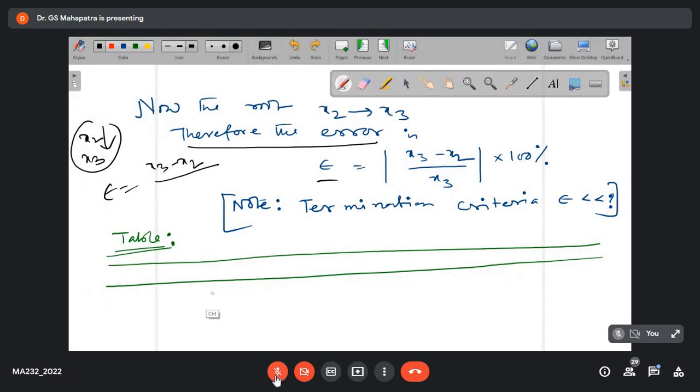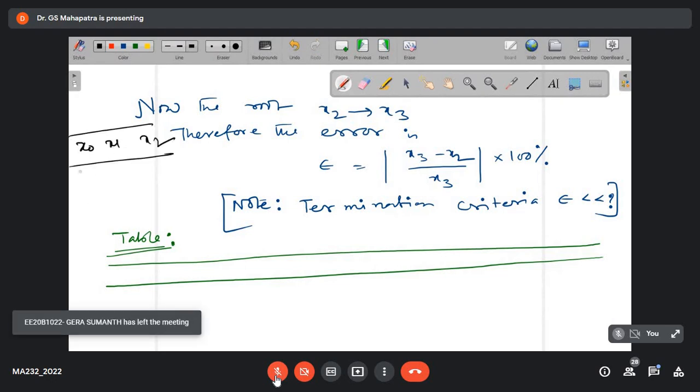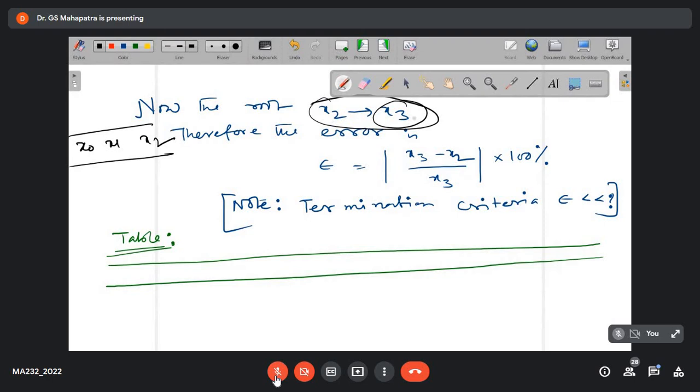Very good. So now I will construct this table. What will be the computational table? Once again, x0, x1, x2, initial approximation. The next approximation should be x3, that is x2 updated to x3.